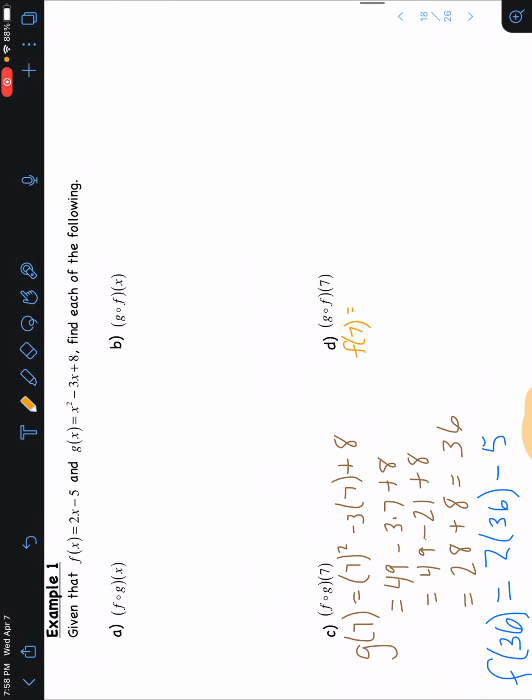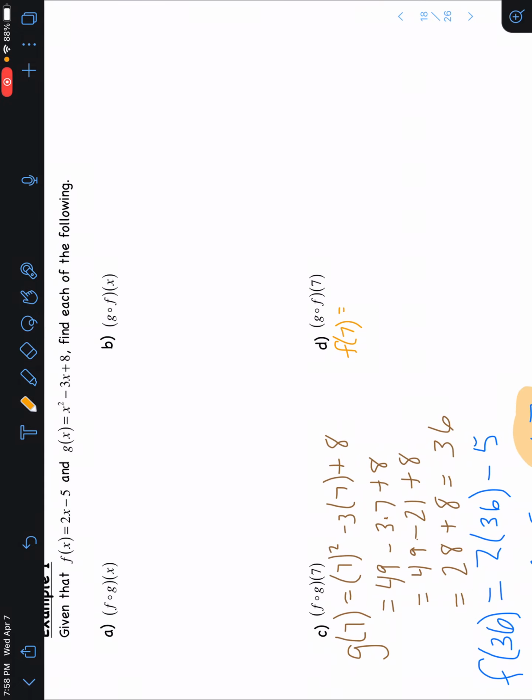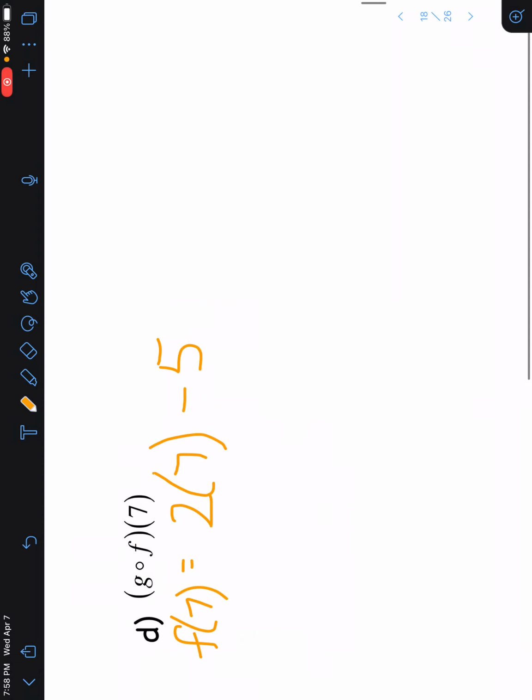Function f is 2x minus 5. So that'll be 2 times 7 minus 5. So 2 times 7 is 14. 14 minus 5 is 9.